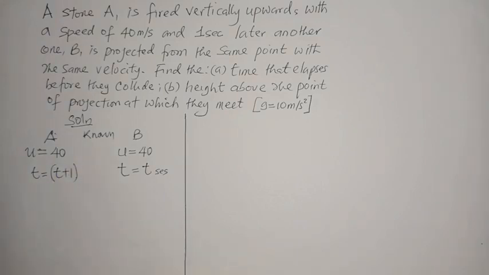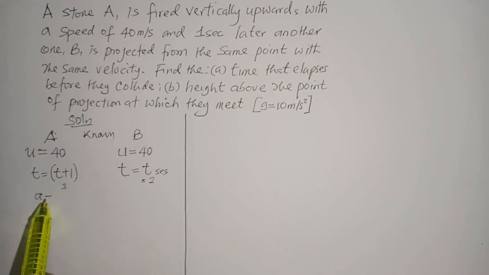Stone A was fired before stone B. So stone B came later, 1 second later. So if, for instance, stone B is in space for 2 seconds, then stone A, which was ahead, will be in space for 2 plus 1 second, that is 3 seconds. Okay, I'm sure that is clear.